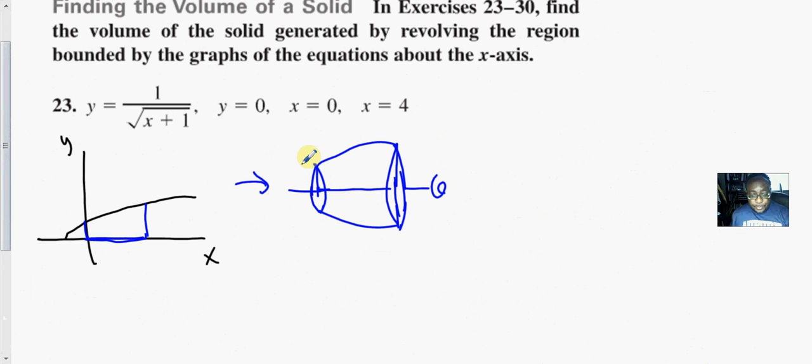Okay, so it's the radius. Its thickness is with respect to delta x, capital R of x, and it's equal directly to this equation. So R is equal to 1 over the square root of x plus 1.